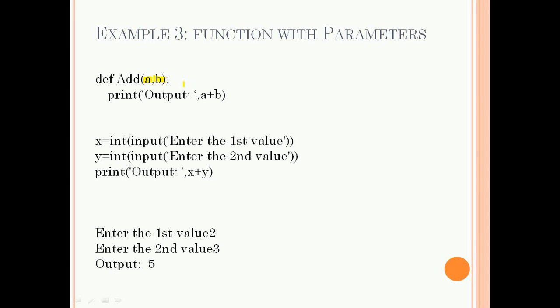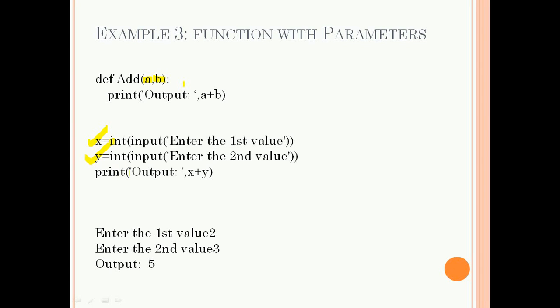So in the main program we must take input from the user. So we need these two statements in the main program, and whenever we are calling the function add, we must give input to the function within the parentheses, and the inputs are stored in the variables x and y.